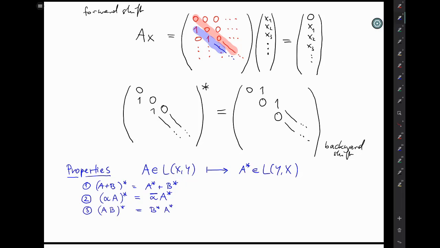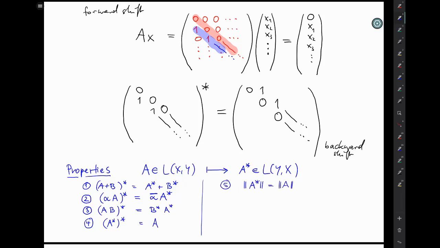Third property is about the product, or we should better say composition, of two operators A and B, and the adjoint of that product equals the product of the two adjoints, but you have to reverse the order, just like you are used to this rule from your first year's linear algebra course where A and B are matrices. Fourth property, the adjoint of the adjoint is A again, also not surprising and also very easy to show.